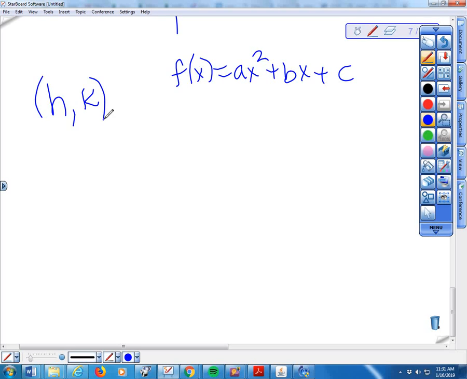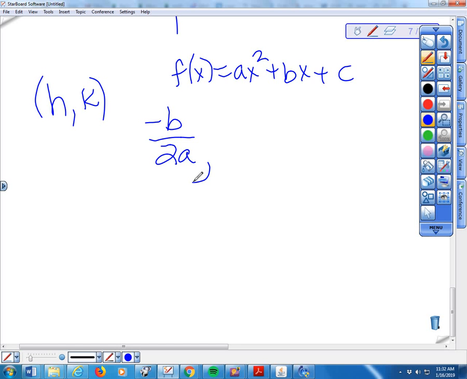To find the x-coordinate of the vertex when it's in standard form, what formula do you use? Negative b over 2a. So that's the x-coordinate of the vertex. That's h. So you just type that in. When you type it in, make sure that 2a is in parentheses, otherwise the a pops up to the numerator.